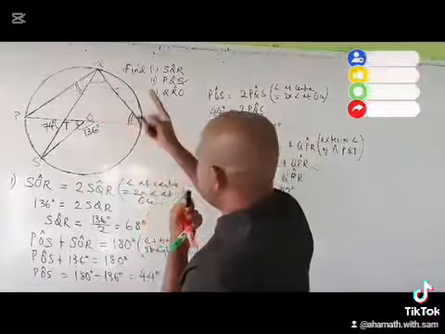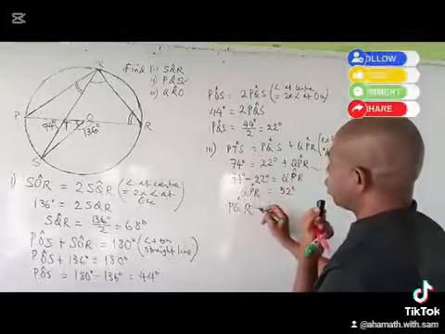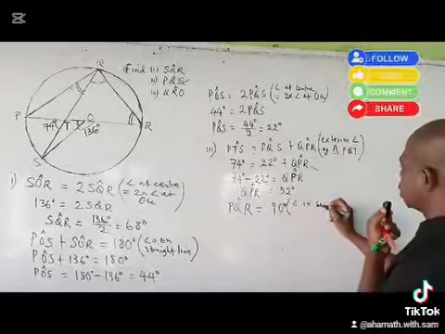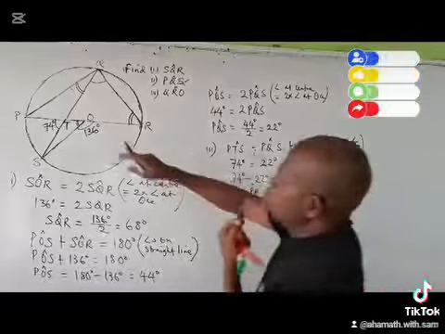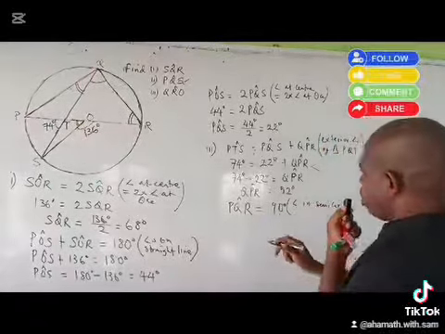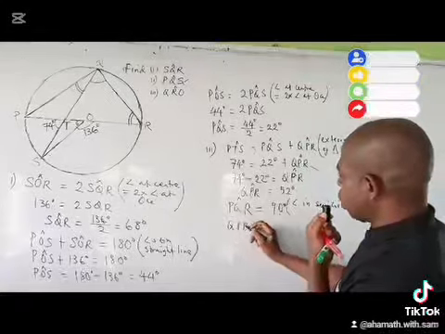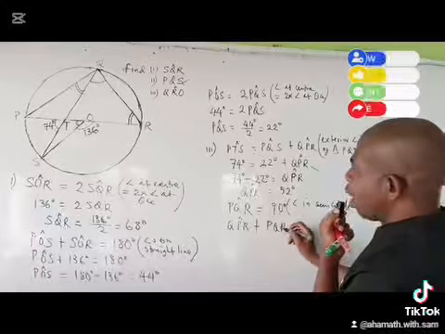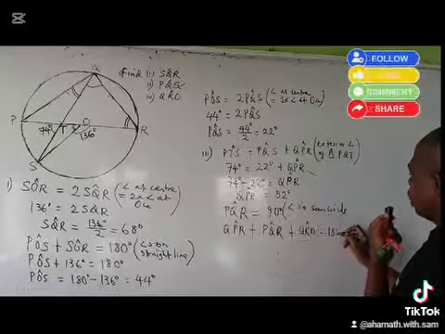Now we already know that angle PQR is equal to 90 degrees. The reason is angle in semicircle. So having found those two angles, we can use this triangle to find the angle we have to find. Now, we know that angle QPR plus angle PQR plus angle QRO will make 180 degrees.